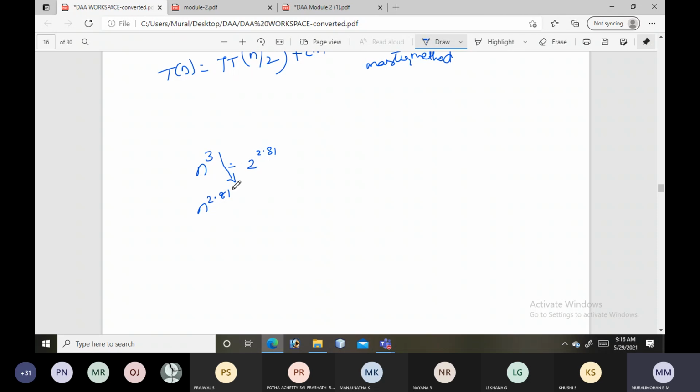Why is it reduced? Because it is reduced from 8 multiplications to 7 multiplications. Because of this, the time is reduced from 3 to 2.81. So this is the contribution of Strassen's matrix multiplication. Is it clear?